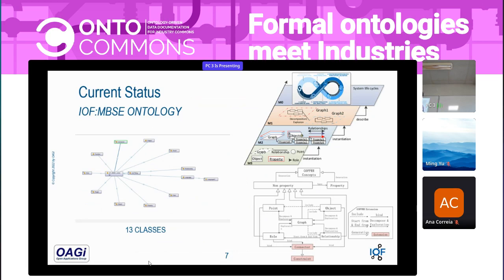Based on these three classes, we can define the meta model, meta meta model, and the model, and some examples will be introduced later. And also based on the concepts that we propose, like graph, object, relationship, role, point, and property, we can use all these ontology concepts to represent the MBSE models and MBSE meta models.